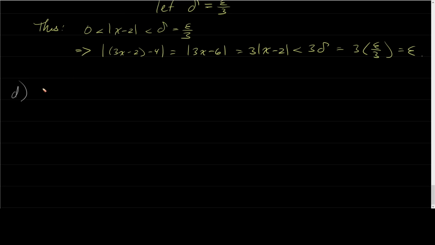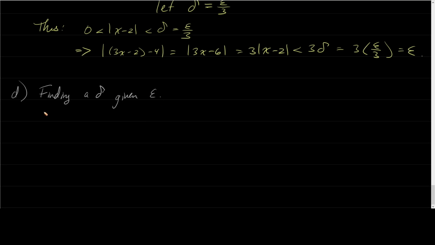So what if I want to find a specific value of delta for a specific given value of epsilon? So finding a delta given epsilon.